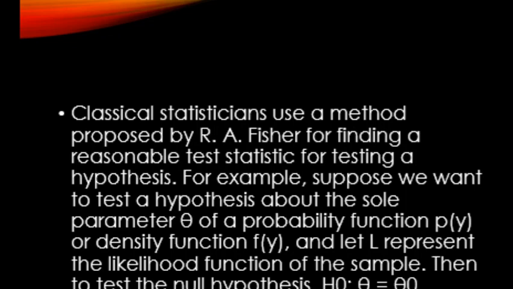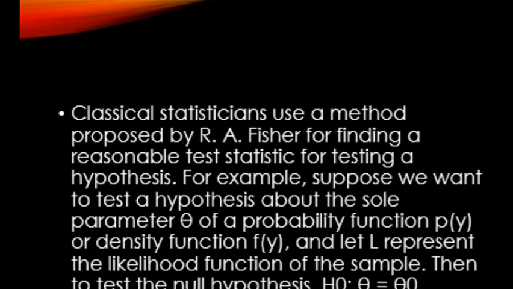Let's say, for example, we want to test a hypothesis about a parameter theta with a probability function p of y or density function f of y, and then let L represent the likelihood function of the sample. This would need calculus to understand, and the proof is omitted in the book. So we will just talk in general about it and use the final result here.